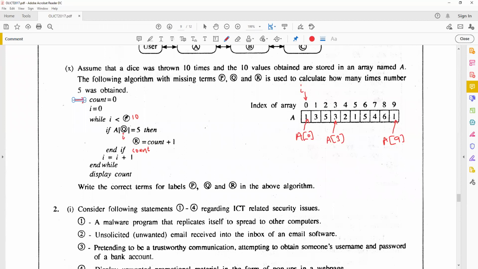In a while loop, only if this is true do you go inside, which means there's no equal sign here. So you have to put 10. The 10 should go inside. So the answers: P is 10, then Q is I, and R is count.